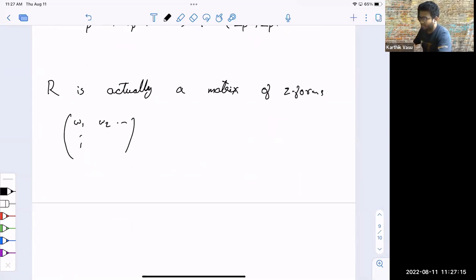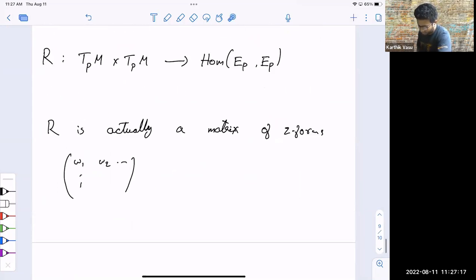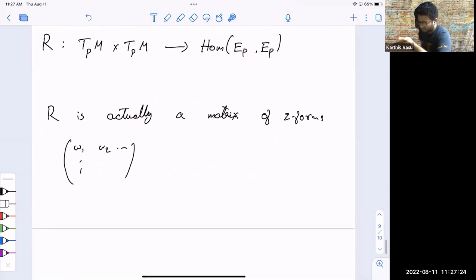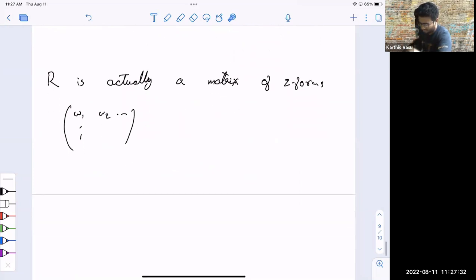Okay, and again, this could only be done if I chose a basis for this, right? Without a basis, I cannot say what the matrix is. So what is the basis? The basis will come from the trivialization I had done before. So in a neighborhood, I can pick a consistent basis. So R is a matrix of two forms only in a neighborhood.